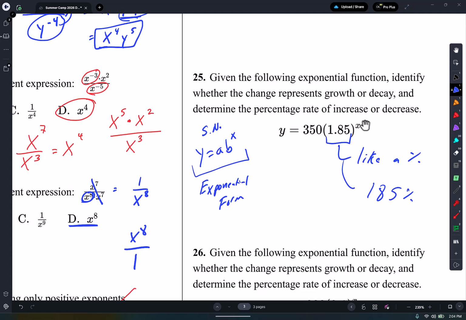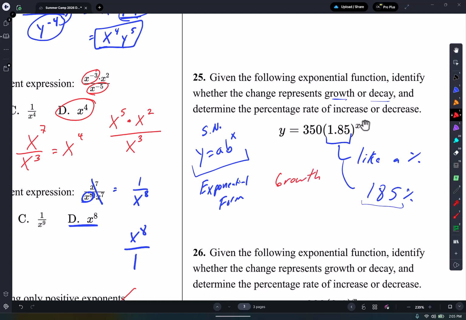All right, so think about it. Let's see what this question says. It says, given the following exponential function, identify whether the change represents growth or decay and determine the percentage rate of increase or decrease. So if you blow something up to 185%, is this growth or is this decay? It's growth. So I'm going to write the word growth. And then it wants to know by how much.